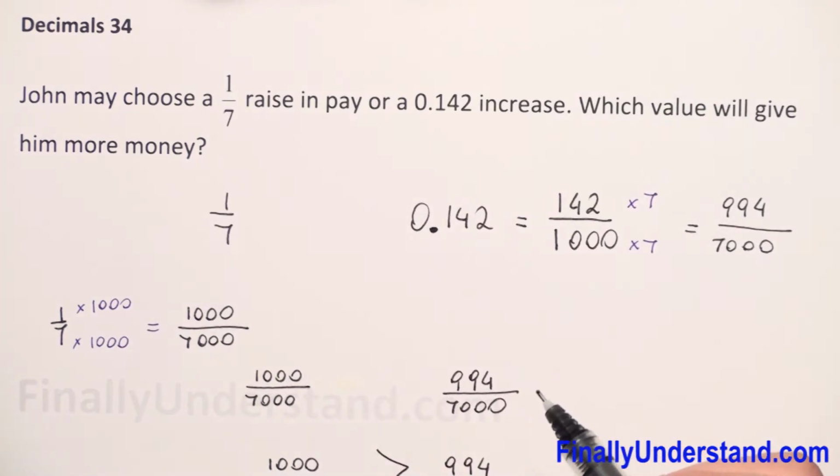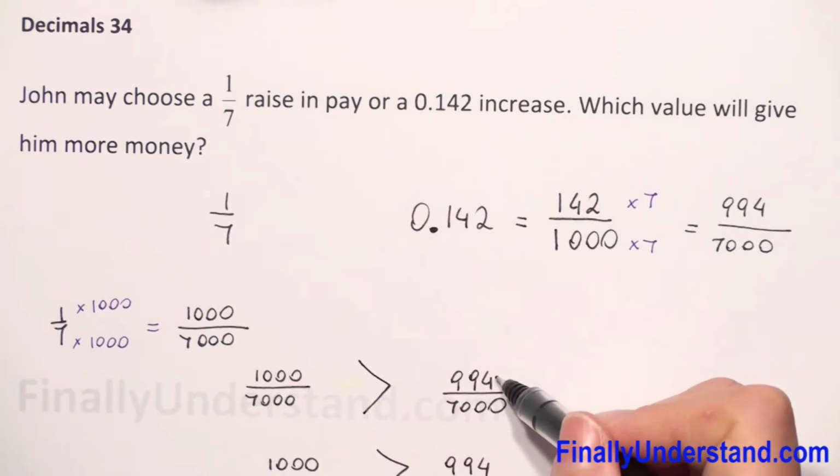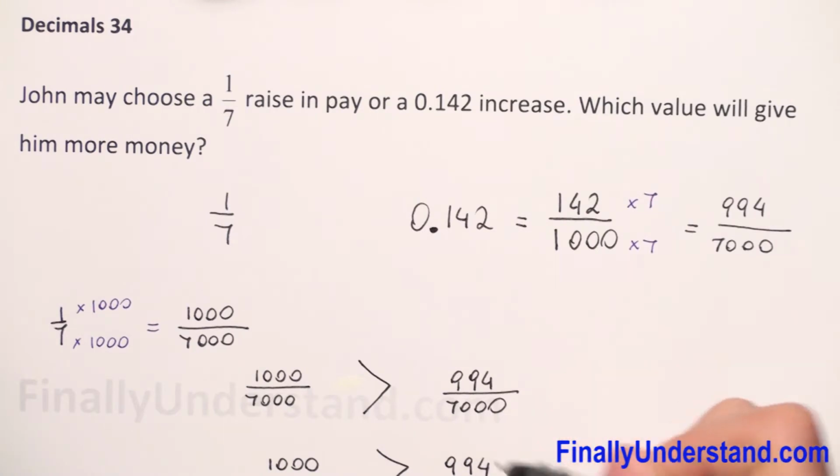It means that this fraction, 1000 over 7000, will be greater than 994 over 7000.